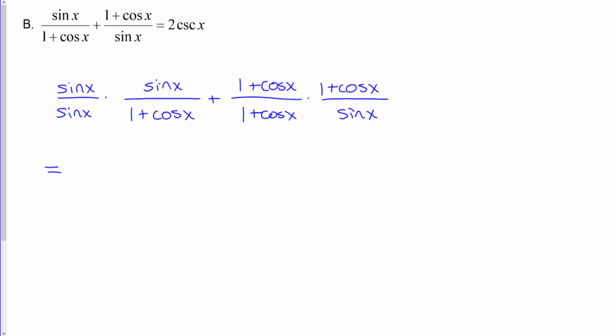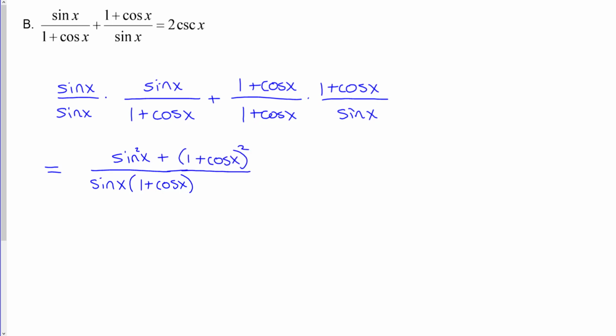Now, I have some things that will combine, and I'm going to write this into a single fraction. So this would be sine squared x over sine x times 1 plus cosine x. Actually, let me go ahead and just combine it right now into the same fraction. So plus 1 plus cosine x squared.